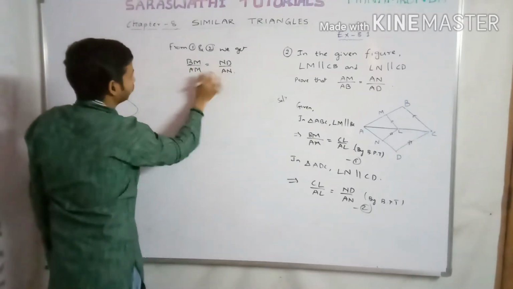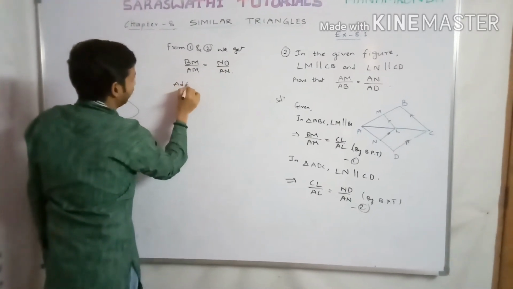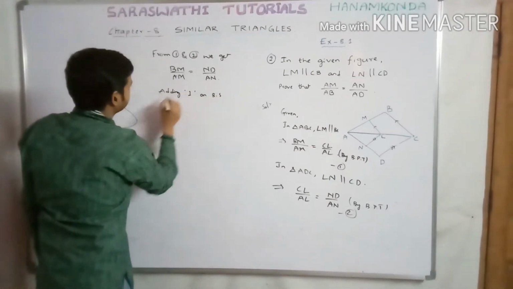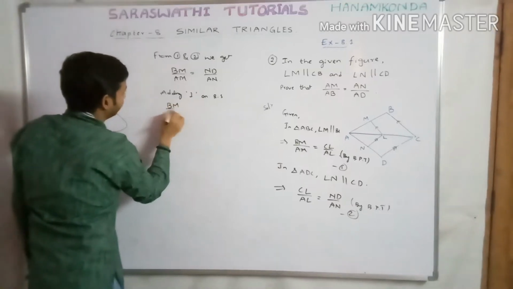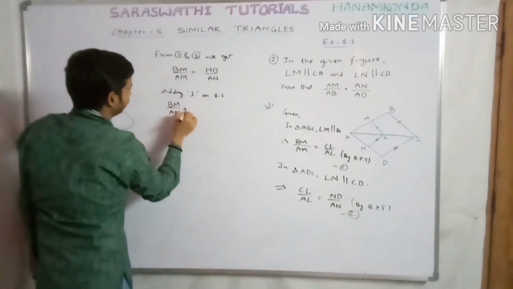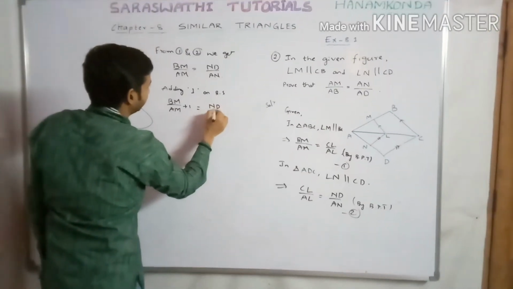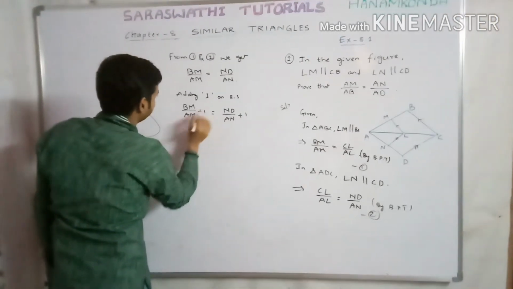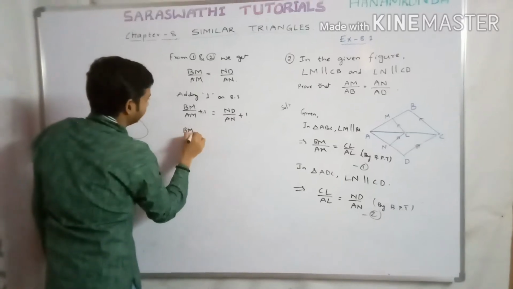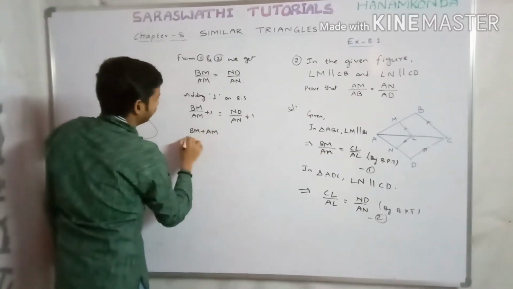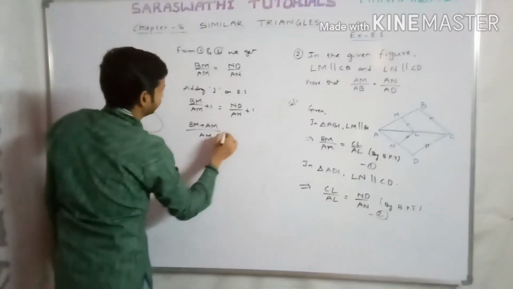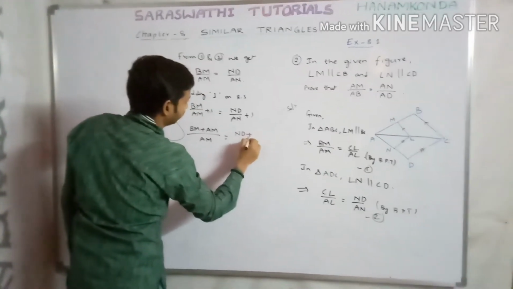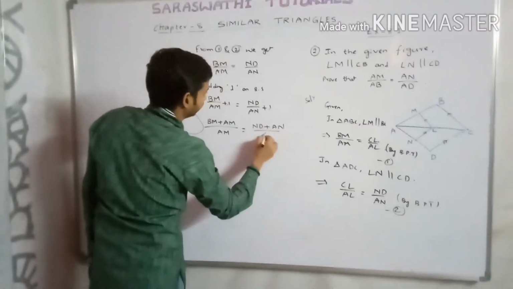If we add 1 to both sides, the left side becomes BM by AM plus 1 and the right side becomes ND by AN plus 1. So AM gets multiplied with 1 and it becomes BM plus AM by AM, and AN gets multiplied with 1 and becomes ND plus AN by AN.